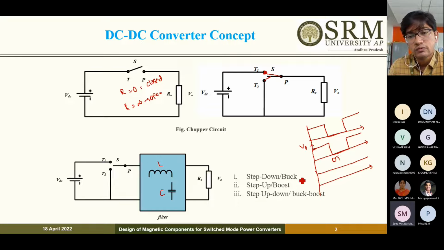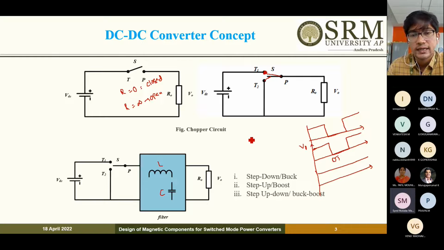From that working operation, we are going to get the basic design parameters. If you want to design an inductor, we need several parameters like the inductance value, the maximum current flowing through the inductor, and the average current flowing through the load or inductor.